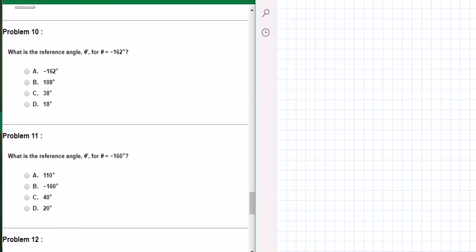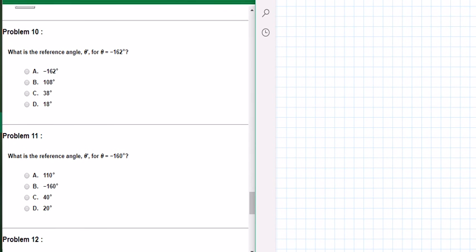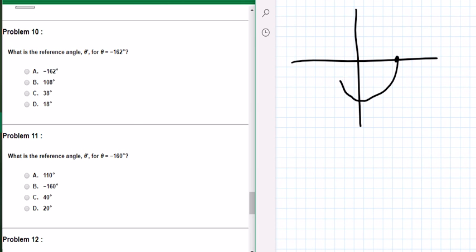Alright, so looking at problem 10, what is the reference angle for negative 162 degrees? So I am going negative, so negative 90 goes to here, and then not a full negative 180, so here is negative 162 degrees. So my question needs to be, how far away from the x-axis, or that negative 180 degrees, are you? So what I need to do is look at a positive coterminal angle.